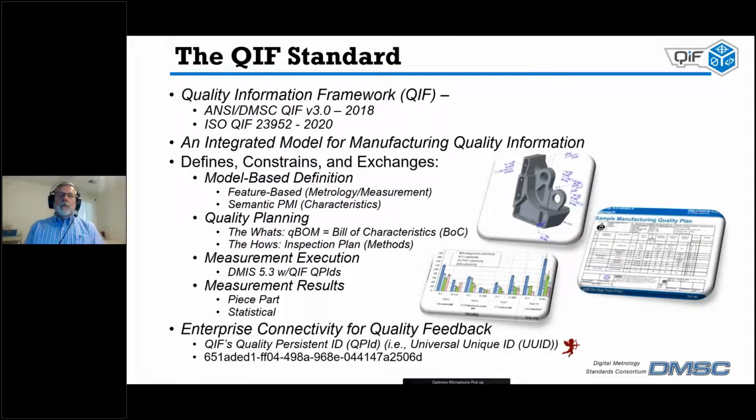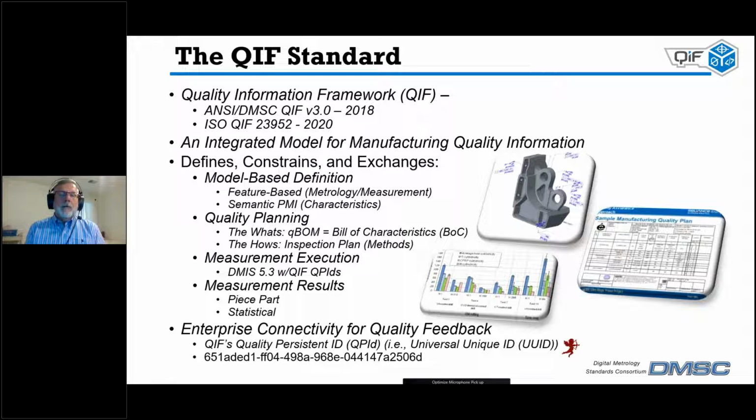So a little bit more information about the QIF standard. Mentioned the two different forms, which are basically QIF version 3.0. It's an integrated model for many elements of manufacturing quality information. The standard helps define, constrain, and exchange model-based definition, which includes features in the metrology measurement view.